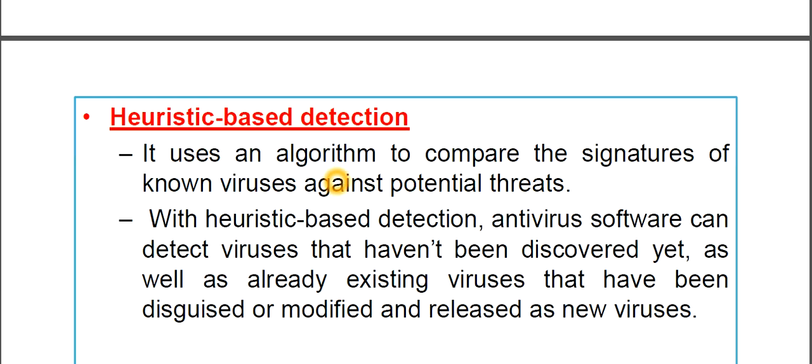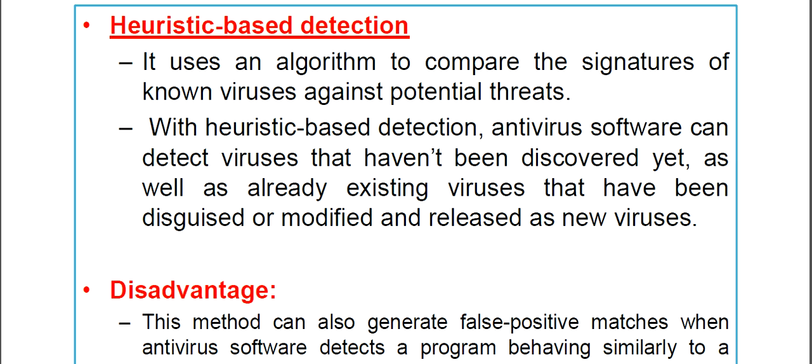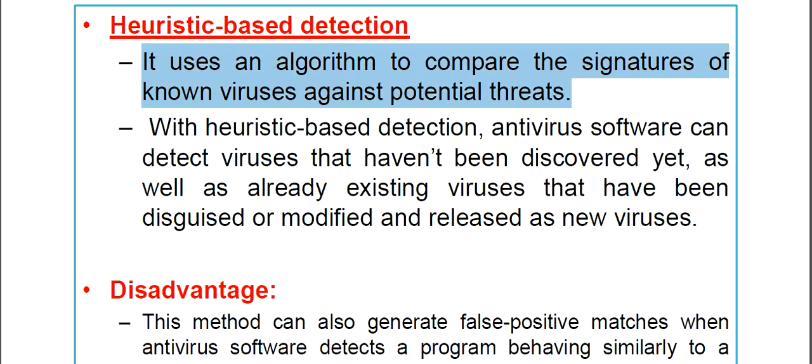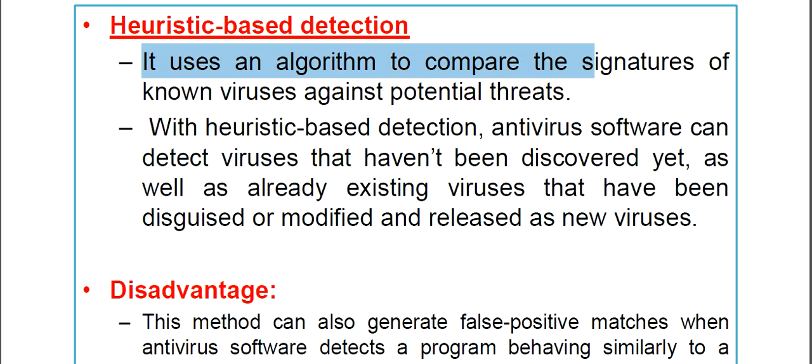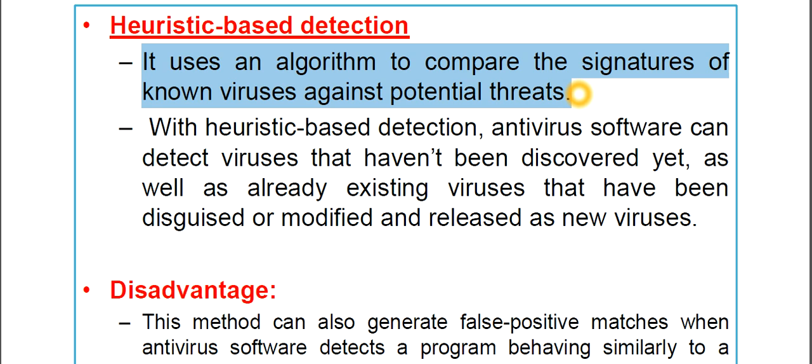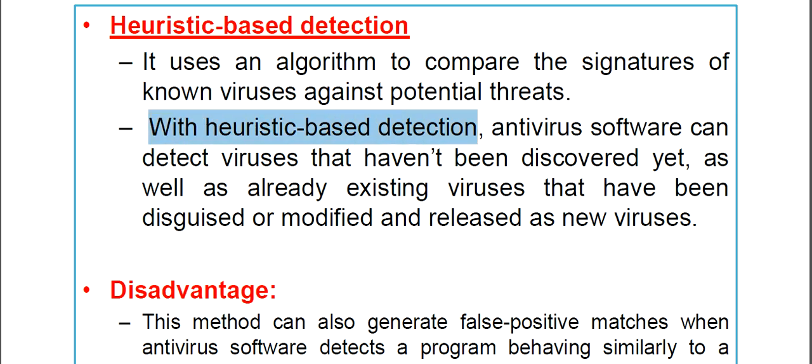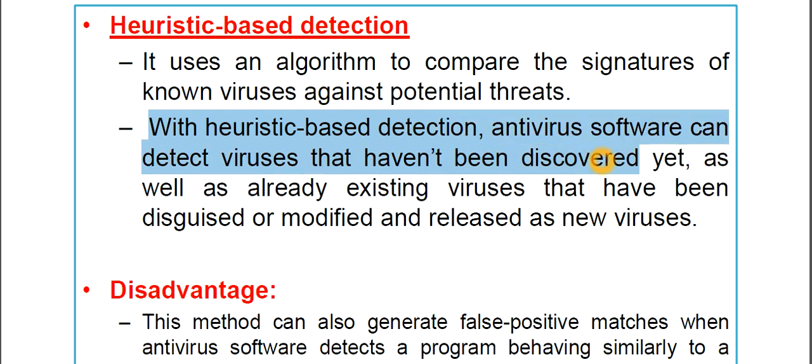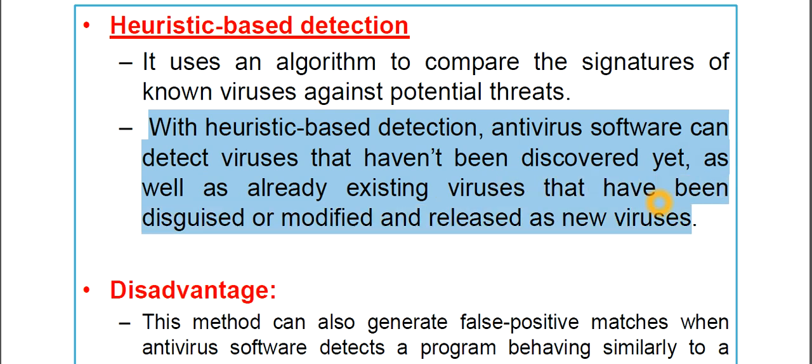Then we have heuristic based detection, and it uses an algorithm to compare the signatures of the known viruses against potential threats. With heuristic based techniques, antivirus software can detect viruses that have not been discovered yet, as well as already existing viruses that have been disguised or modified or released as new viruses. You got it? We have some known virus cases, and they are being compared with some potential threat.